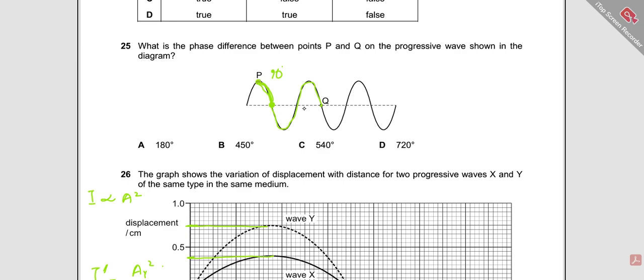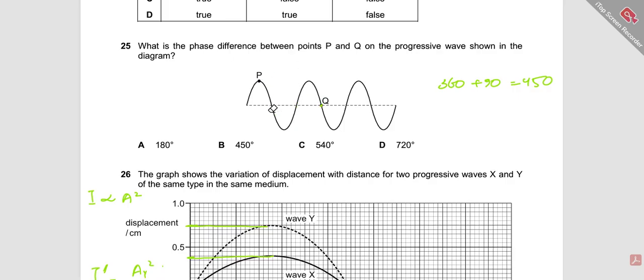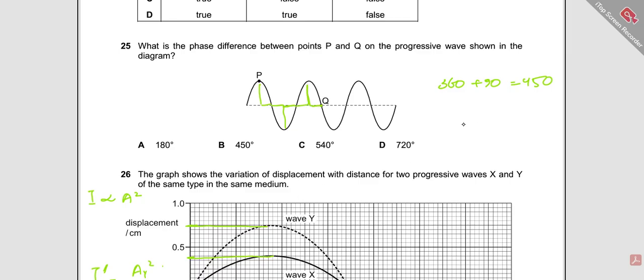So for one wave the phase difference we say is 360. 360 plus 90 gives us 450. Or you could have done the same thing, यही 90 के packs में divide करके. Like you could have said this is 1 times 90, 2 times 90, 3 times 90, 4 times 90, and 5 times 90. So 5 times 90 would have given you 450. So option B is the correct option here.